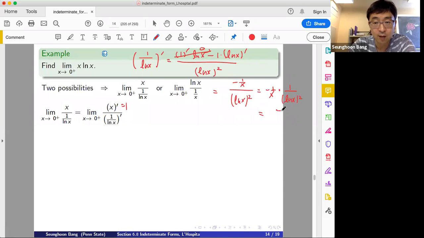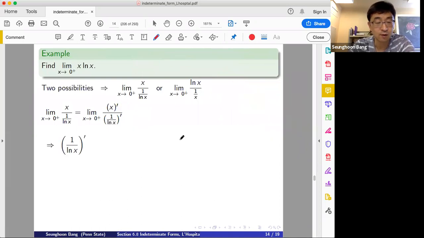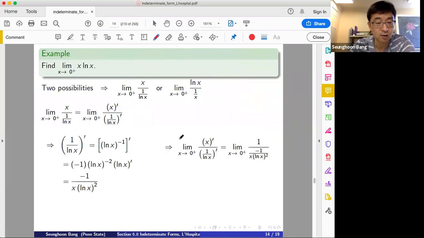So we have negative 1 over x times ln of x squared. You can plug this one into here. We have the minus 1 over x times ln of x squared, right? So we have this result.